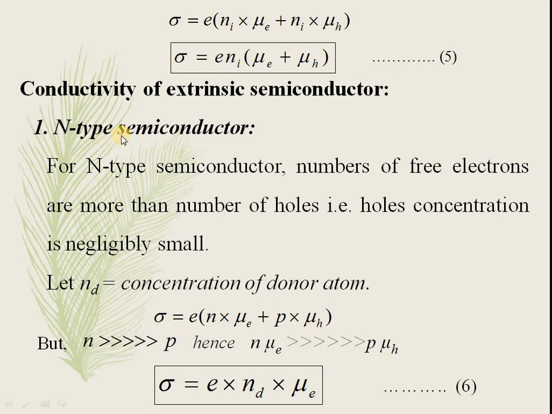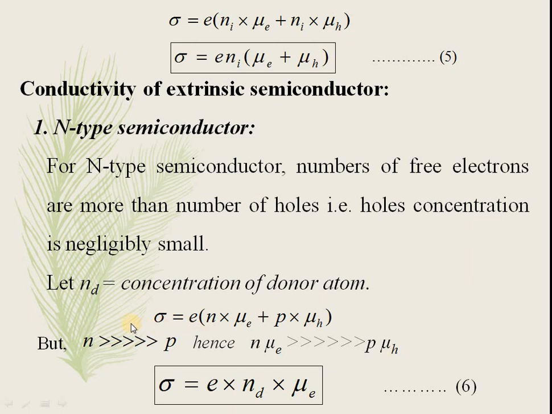Since there are a large number of atoms, a large number of free electrons are present in the N-type semiconductor. For N-type semiconductor, the number of free electrons is more than the number of holes, so the hole concentration is negligibly small and we can neglect it.